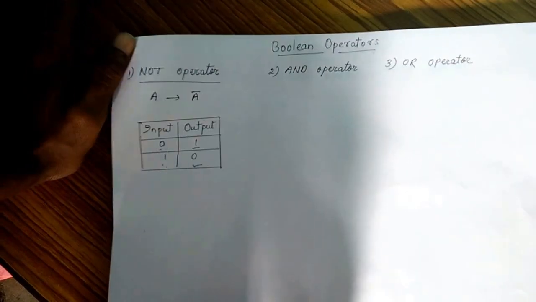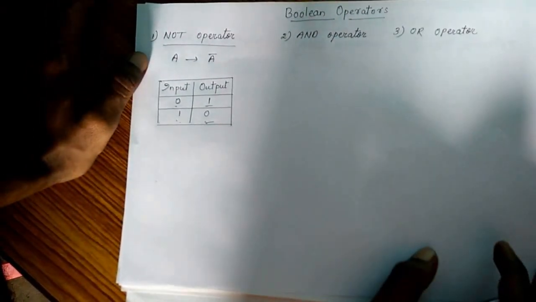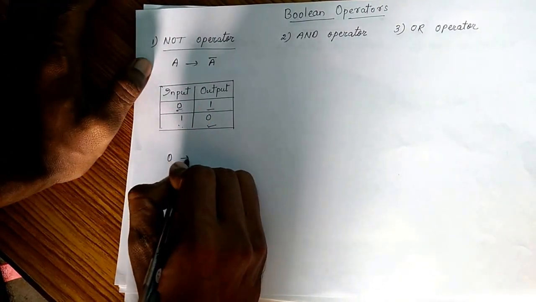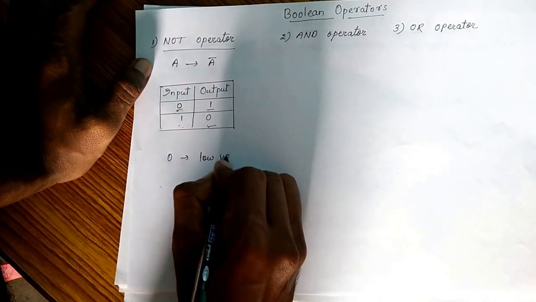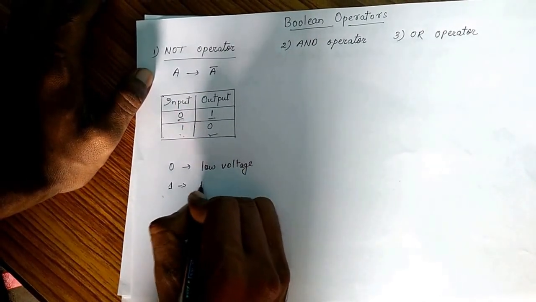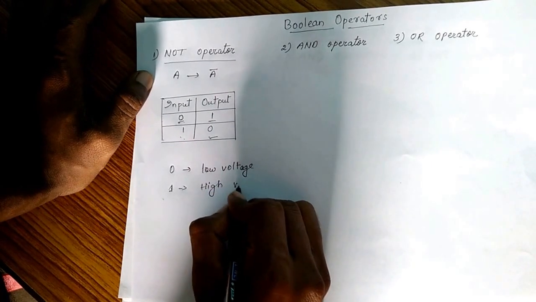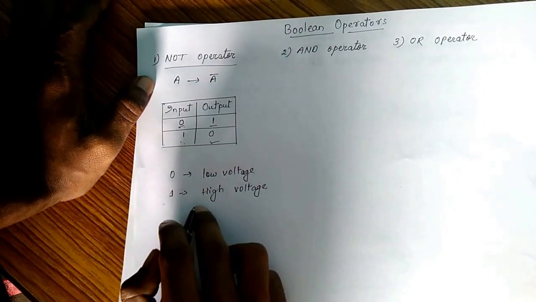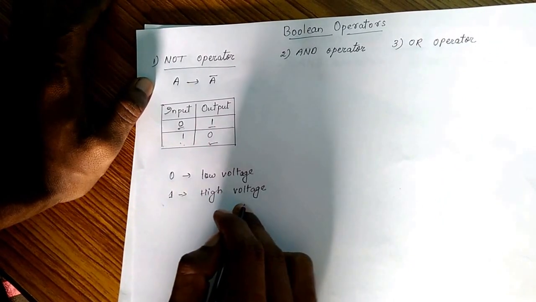Now what is the meaning of 0 and what is the meaning of 1? We have to know this. 0 means low voltage and 1 means high voltage. And high voltage does not mean 1000 volts or 10,000 volts.